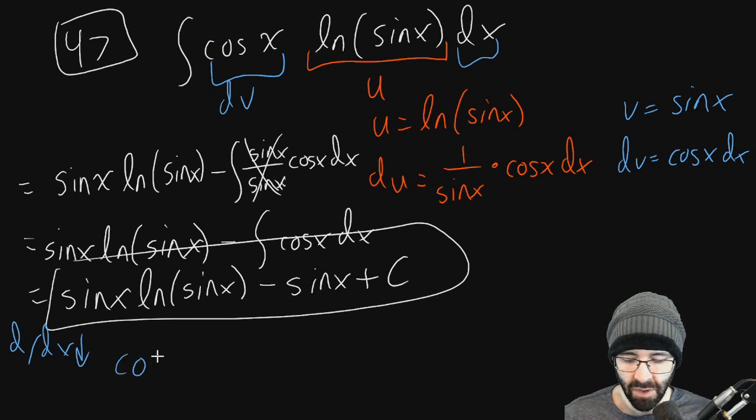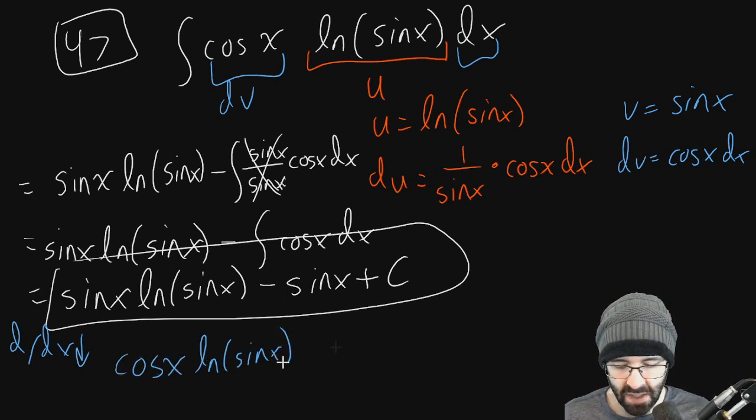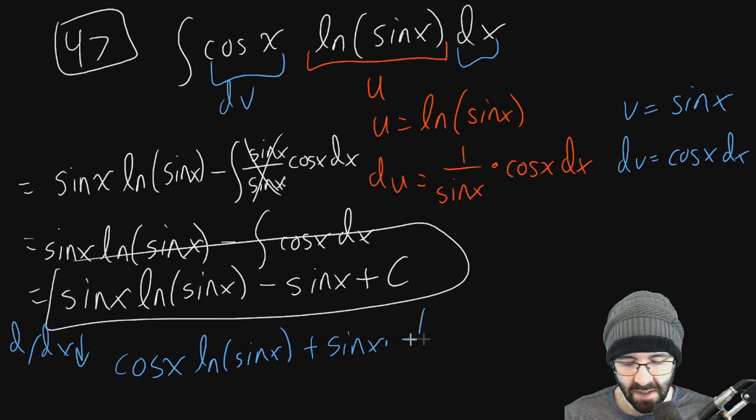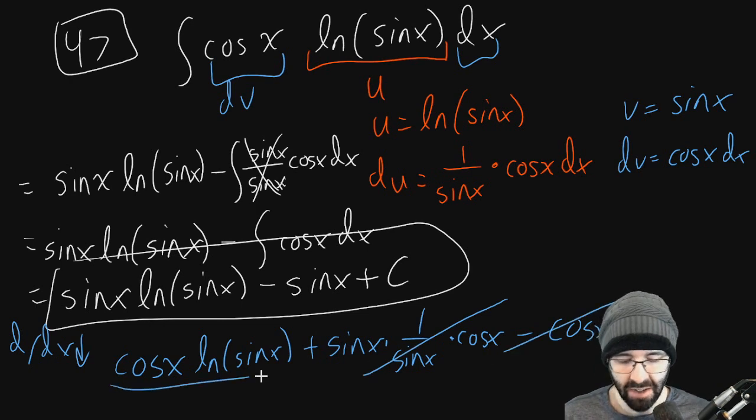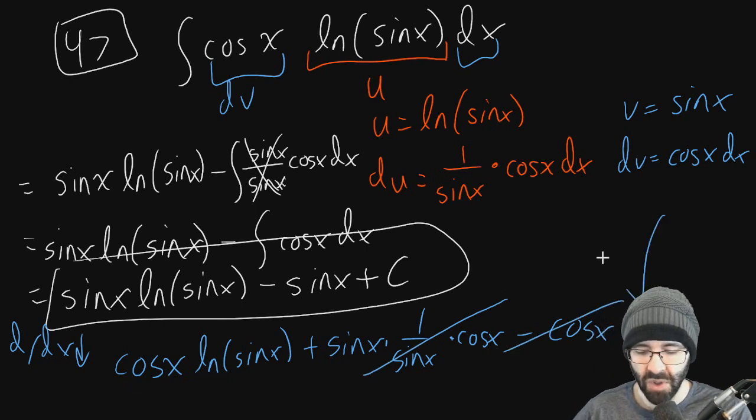We get derivative of the first times the original second, plus the first times the derivative of the second, and then we get a minus cosine of x from before. And again, this is plus cosine of x minus cosine of x, and this is our integrand, checks out. Great. Oh, that was way better than I thought it was going to be.